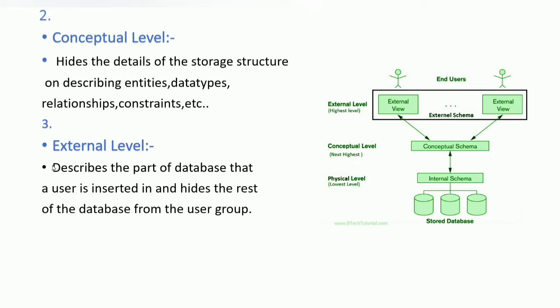The external level describes the part of the database that a user is interested in and hides the rest of the database from the user. For a particular user, the database displays the category the user is interested in. This is the external level of the database.